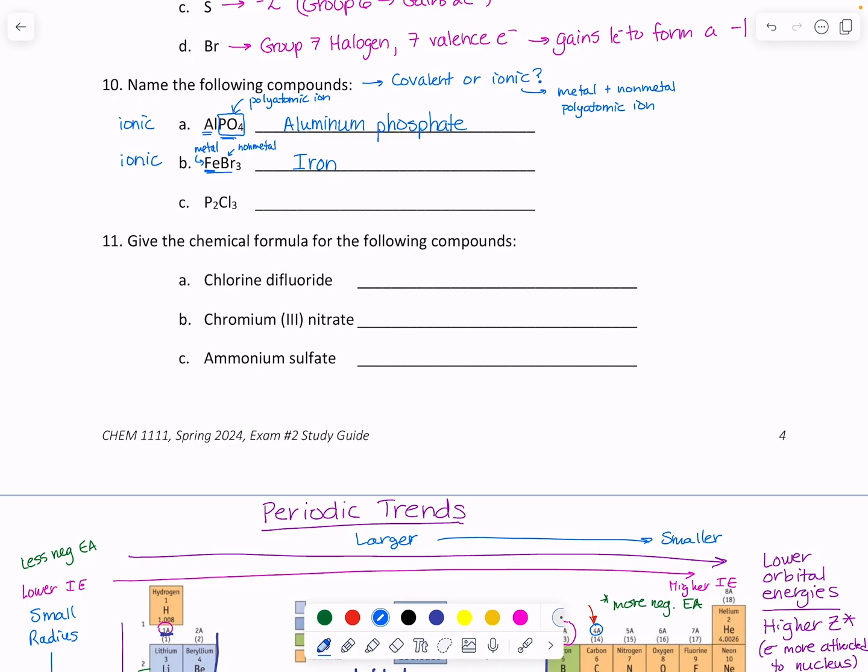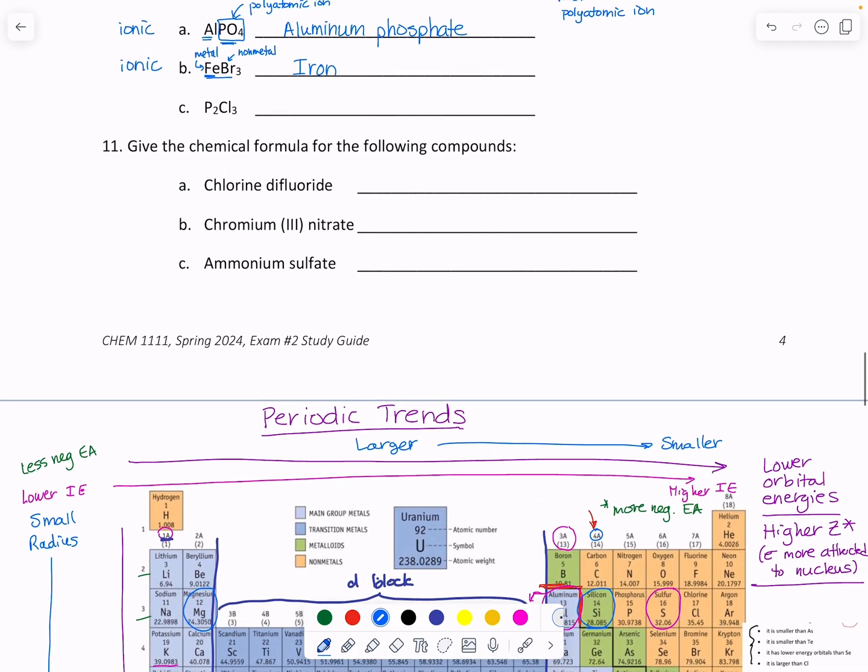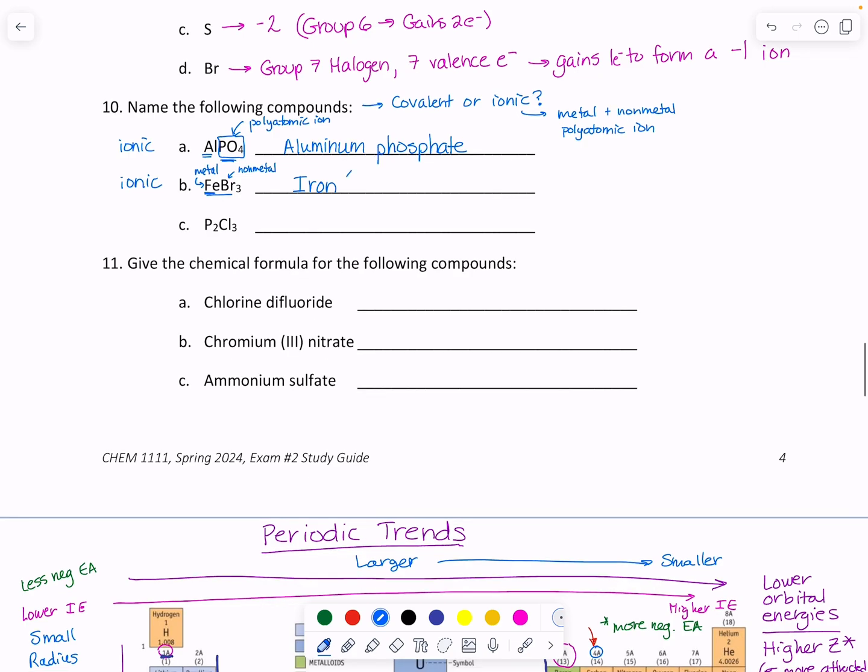And then iron is one of those transition metals in the middle that can have different charges, right? So we're going to have a Roman numeral in parentheses. And so let's figure out what that Roman numeral is. If we look at bromine, bromine is a halogen, and bromine forms a -1 ion.